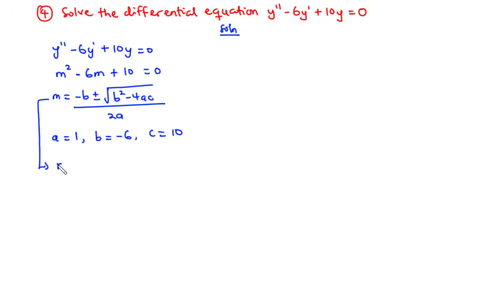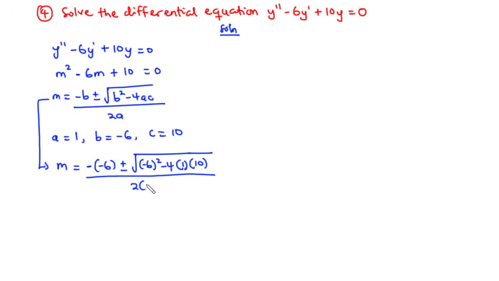We have m equals negative negative 6 plus or minus the square root of negative 6 squared minus 4 times 1 times 10, all divided by 2.